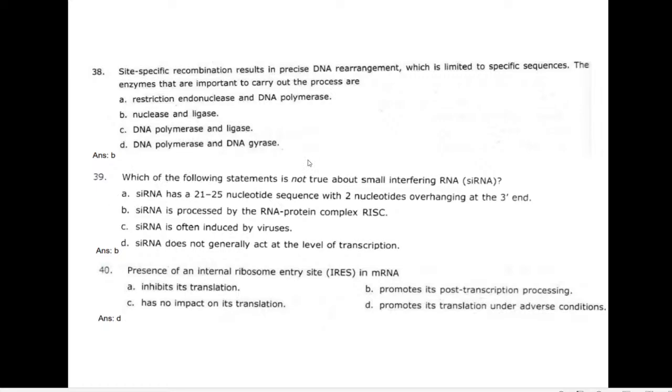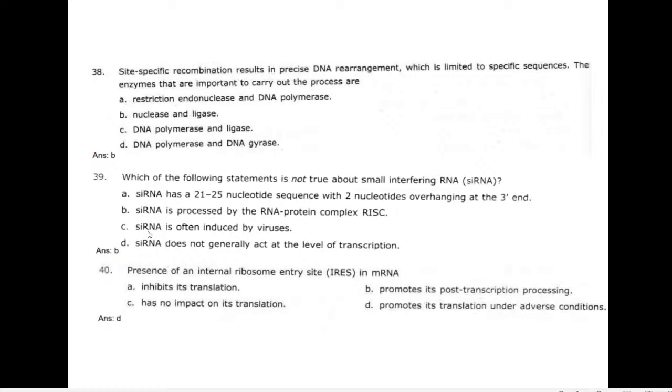And which of the following is not true about small interfering RNA? It's a very interesting, definition based question. Small interfering RNA, it's RNA. It's all about siRNA except option B, which is an odd definition of siRNA. siRNA has 21 to 25 nucleotides, with 2 nucleotides overhanging at the 3' end.